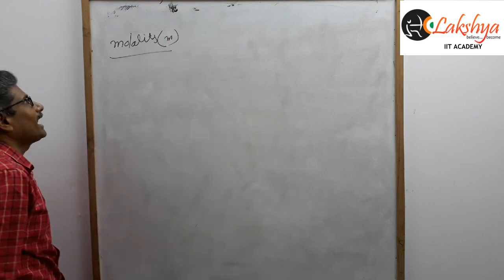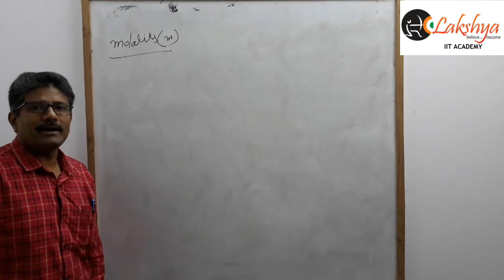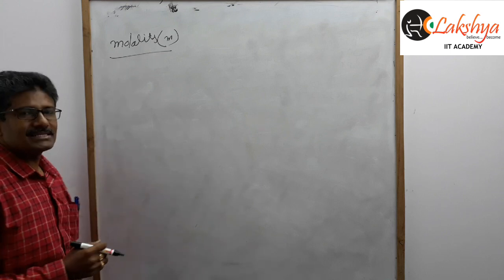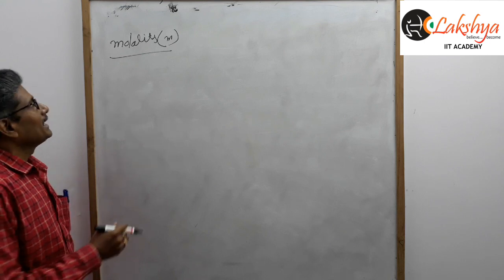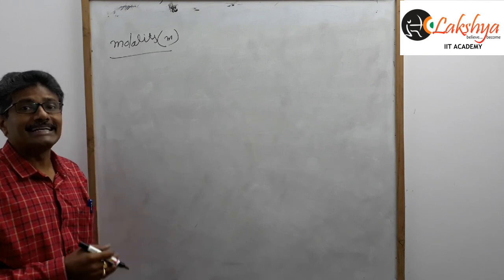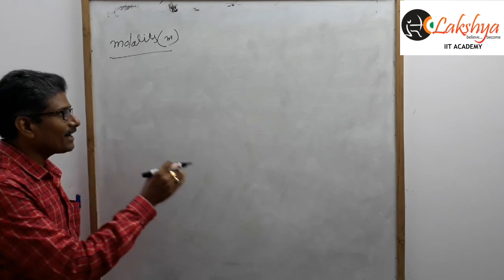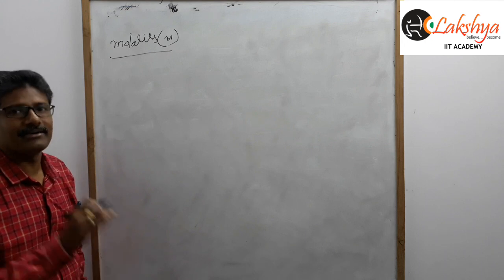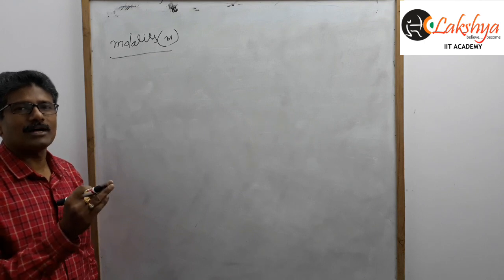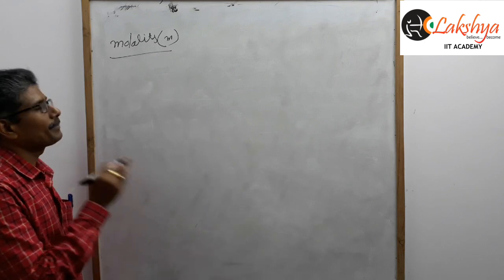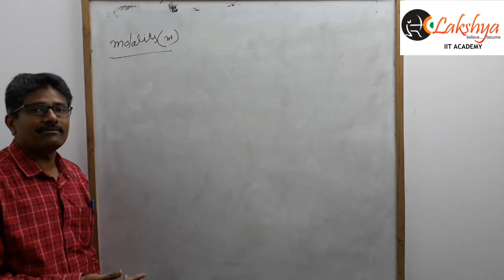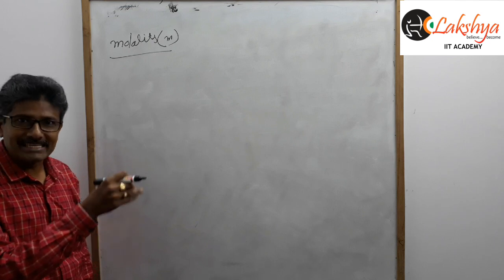Small m, molality. What is meant by molality? Molality definition: the number of moles of solute dissolved per 1 kg of solvent is called molality. In 1 kg of solvent, how many moles of solute are dissolved?